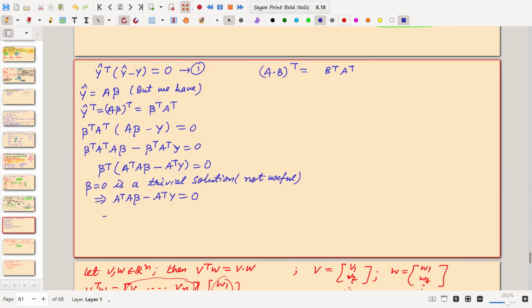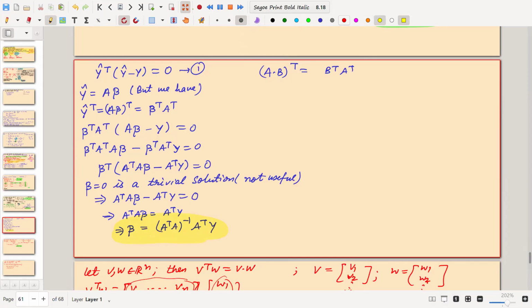We can write A transpose A beta equals A transpose Y. Therefore beta is equal to, we can take the left inverse, A transpose A whole inverse A transpose Y. Now this is something very interesting. You got a formula for your regression coefficients.